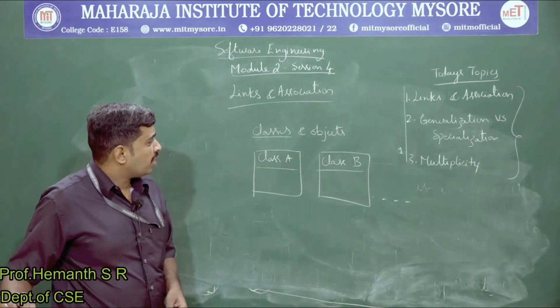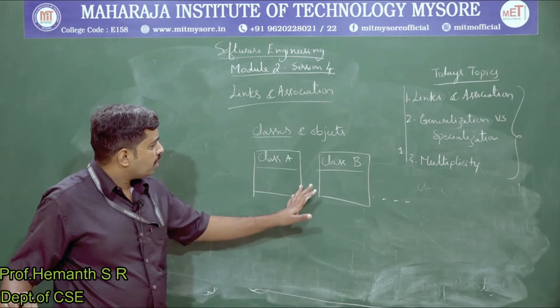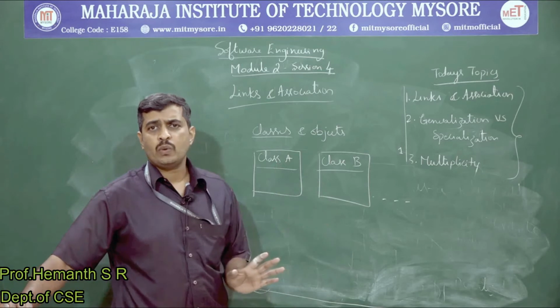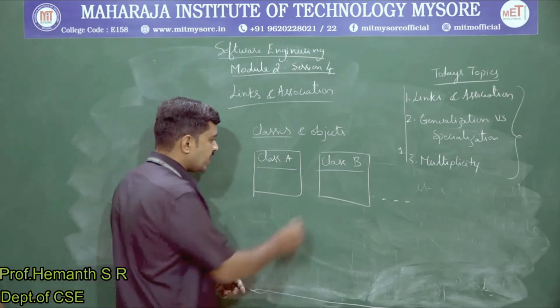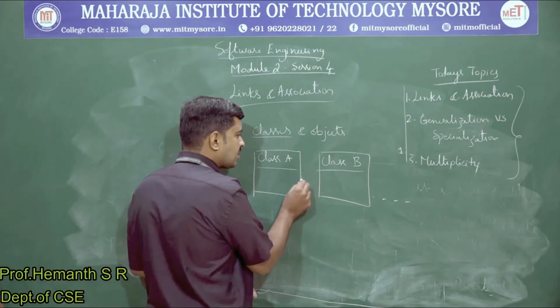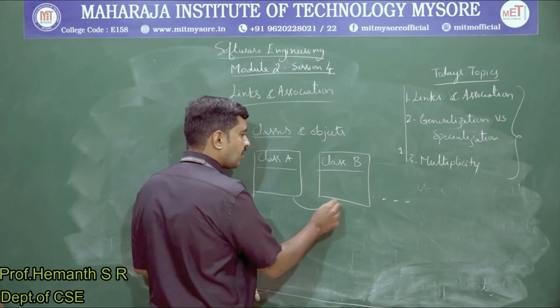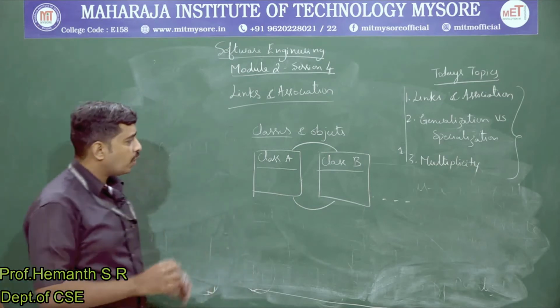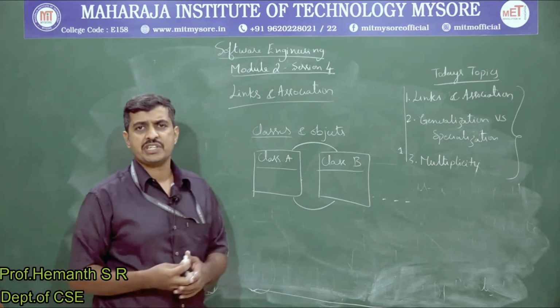Now, how are these classes related to one another? Like how class A is interacting with class B, how class B is interacting with class A. How they are related, how they are communicating with each other.